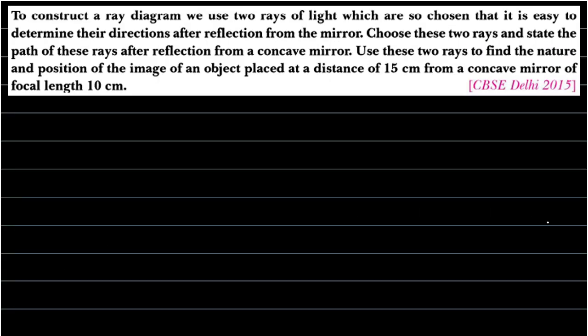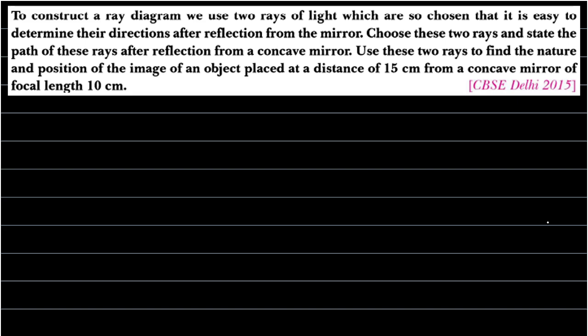Next question: CBSE Delhi 2015. Let's try to solve it. Question is saying, to construct a ray diagram we use two rays of light which are so chosen that it is easy to determine their direction after reflection from the mirror. Choose these two rays and state the path of these rays after reflection from a concave mirror.